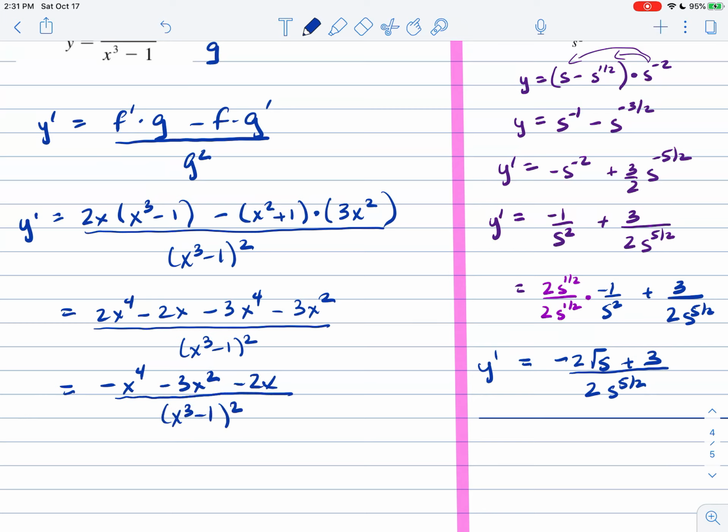And if you wanted to factor out that x, you can, but you don't have to. Okay, hopefully this clears things up.